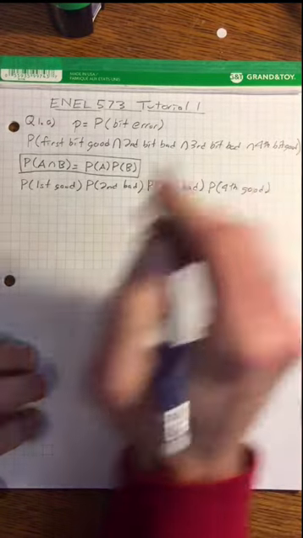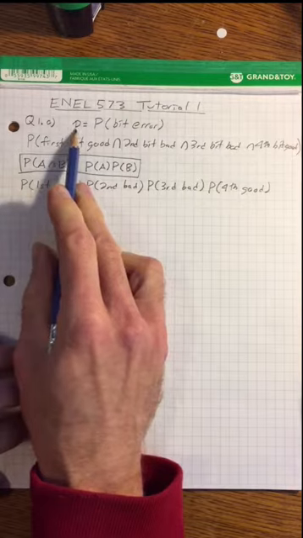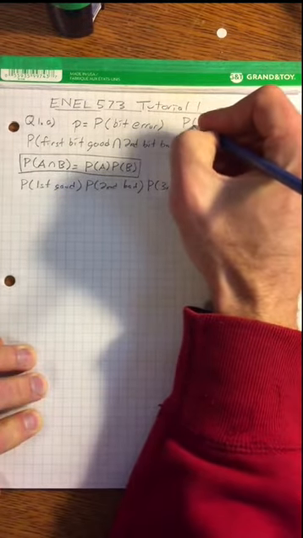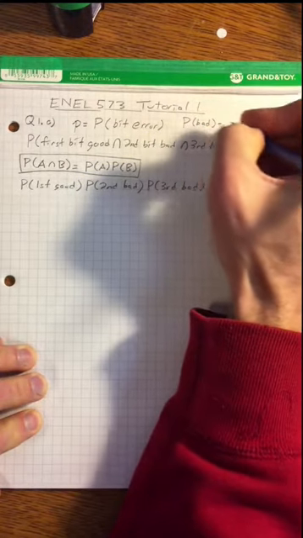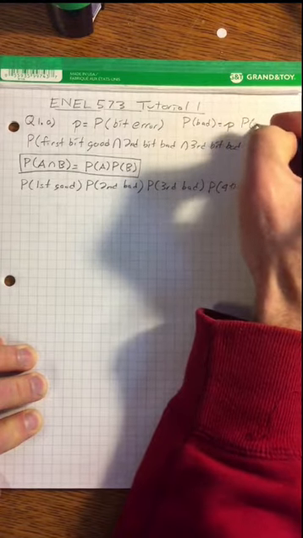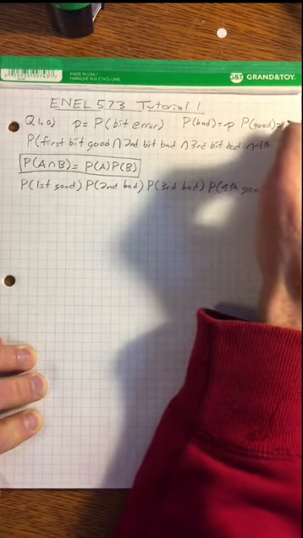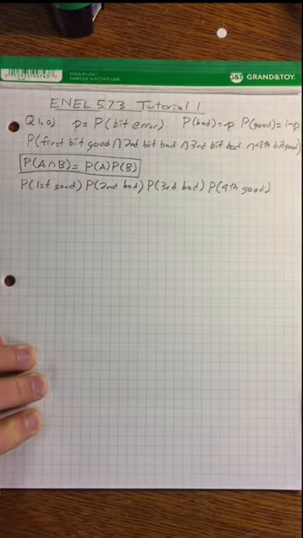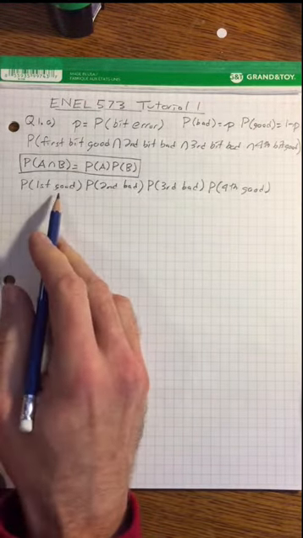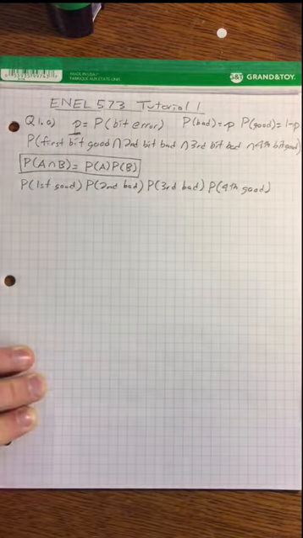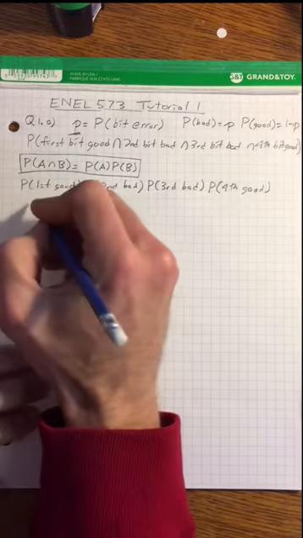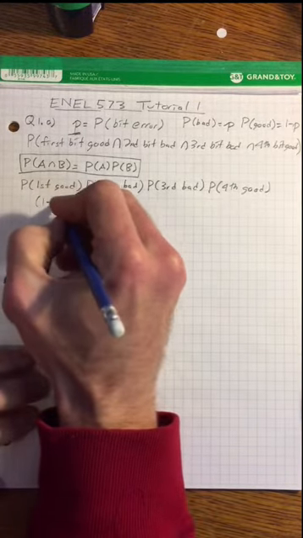If the probability of a bit error is p, the probability that a bit is bad is therefore equal to p, and the probability that it's good is 1 minus p. So we can write this expression in terms of the variable little p. The probability that the first bit is good is equal to 1 minus p.